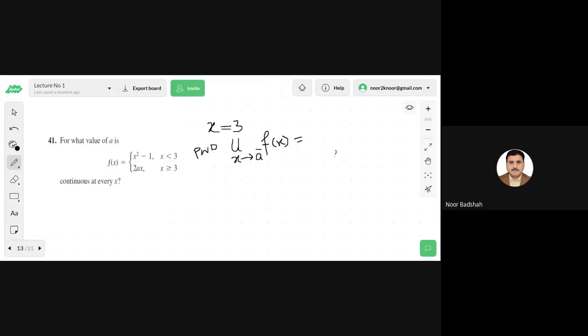If you remove this bar, if you say the limit as x goes to a of f of x, you will immediately impose a condition on it, that is x is less than a. While for the plus symbol, for the right hand limit, you would impose the condition x greater than a.